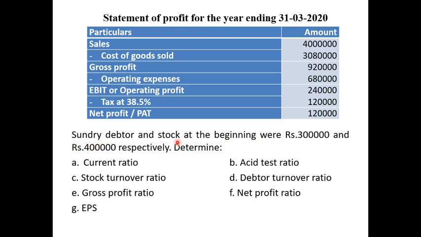With the help of this, we are able to calculate the average debtors and average stock. Then we have to determine the current ratio, stock turnover ratio, gross profit ratio, EPS meaning earnings per share, acid test ratio, debtors turnover ratio and net profit ratio.